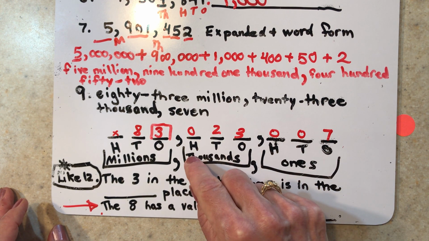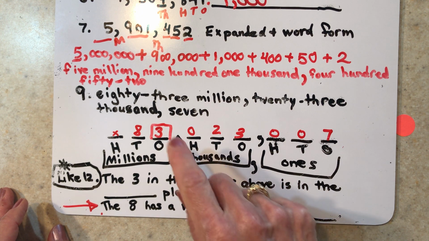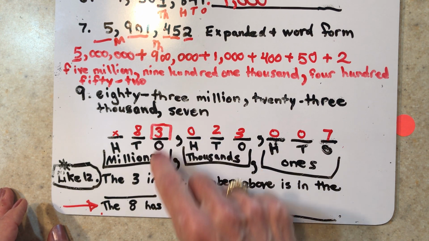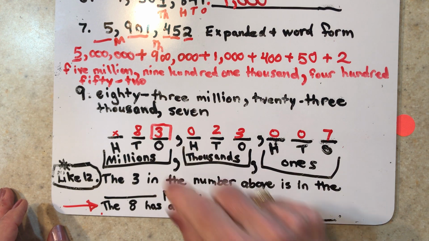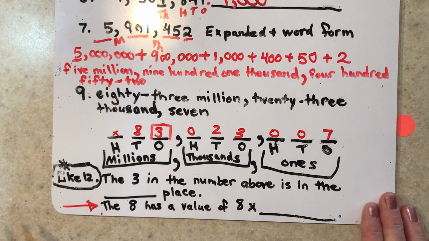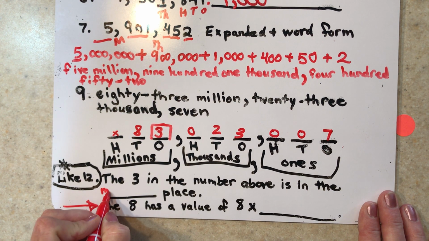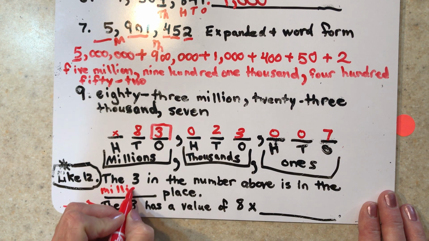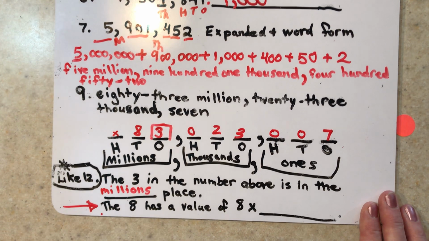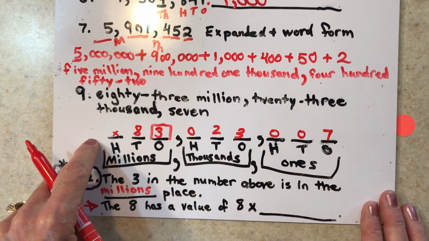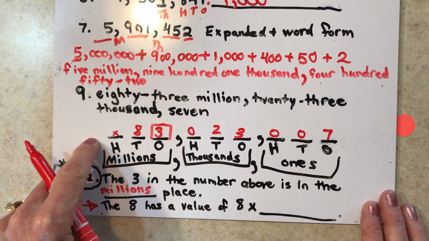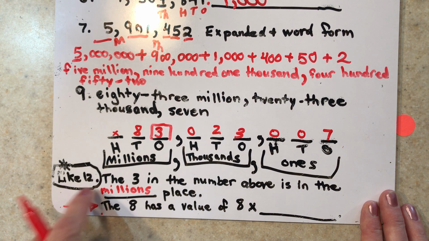Ones, tens, hundreds, now I'm in the millions. 3 is in the millions place. It's in the 1 millions place, but they just leave off the word 1 and write, it's in the millions place. So that's that. Not the 10 millions, not the 100 millions, just millions.